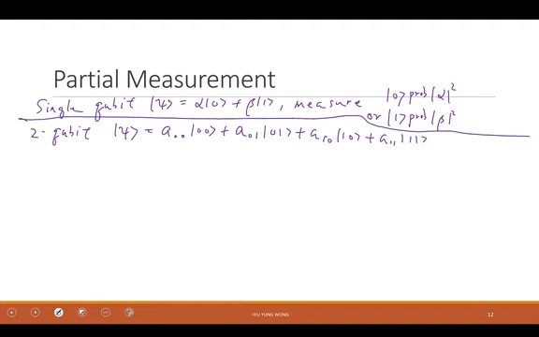If I do a measurement, what happens? If I measure both qubits, what are the possibilities? What will I get? Very good. 0, 0, 0, 1, 1, 0, 1, 1. You only have these 4 possible outcomes, right?